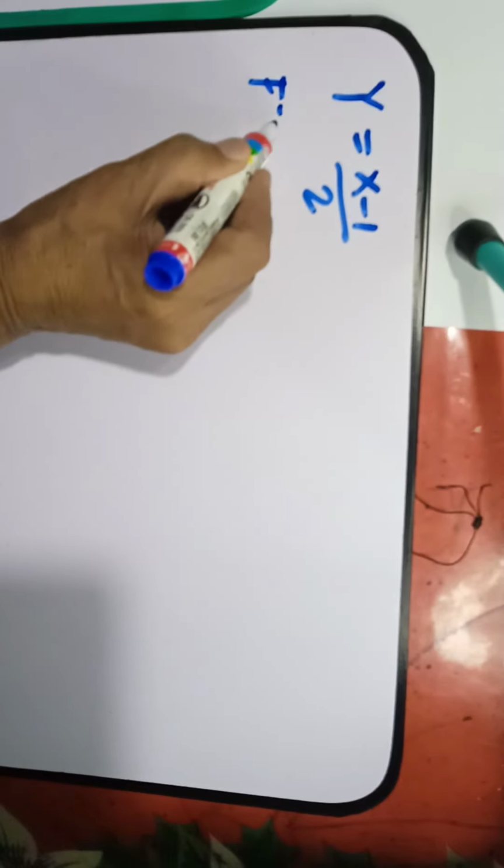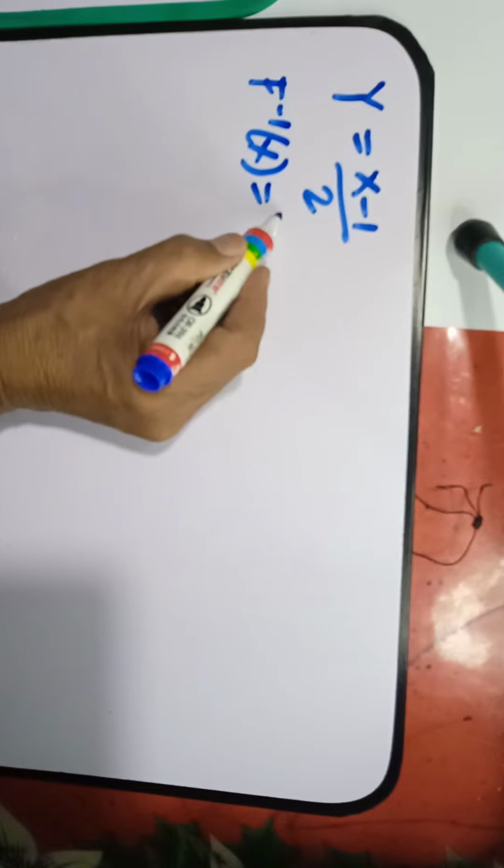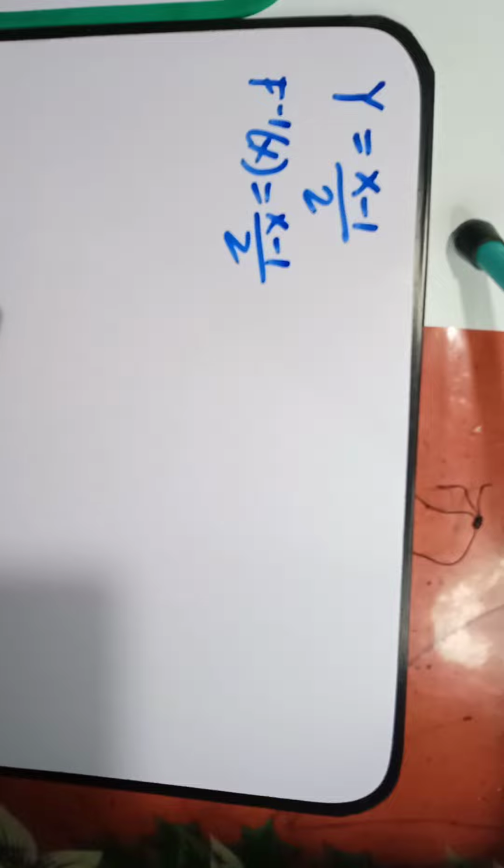So we have f minus 1 of x equals x minus 1 over 2. Okay.